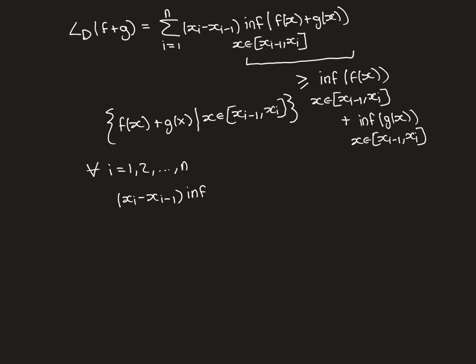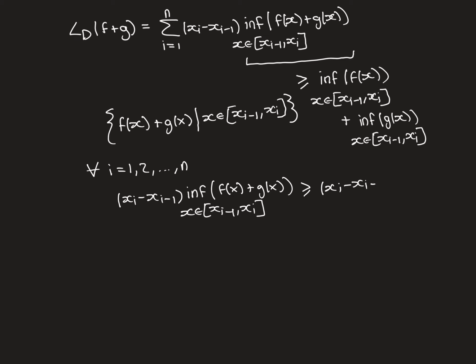So x_{i-1} times the infimum, x an element of x_{i-1} to x_i, of f of x plus g of x is going to therefore be greater than or equal to, and then we'll distribute the multiplication over the addition.